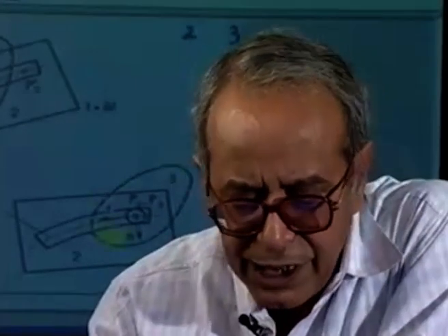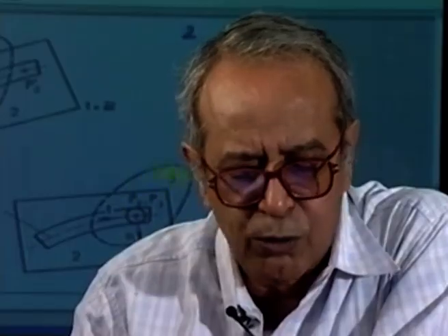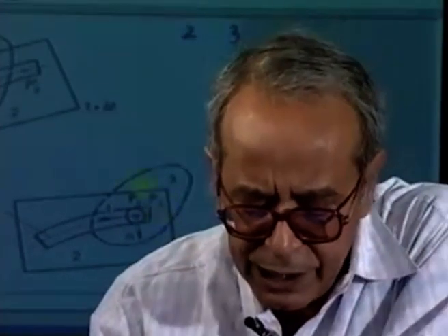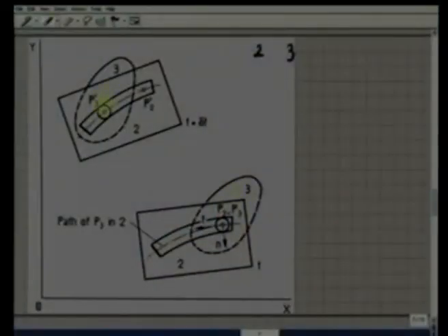The body number 3 has also moved, and the center of this pin in body 3, P3, has currently this location, which is P3 prime, and the point P2, which belongs to body 2, that is a point on the center line of the slot, has come here, which I call P2 prime. So P2 and P3 are the two instantaneously coincident points, P2 belonging to body 2, P3 belonging to body 3. During time delta t, P2 has moved to P2 prime and P3 has moved to P3 prime.